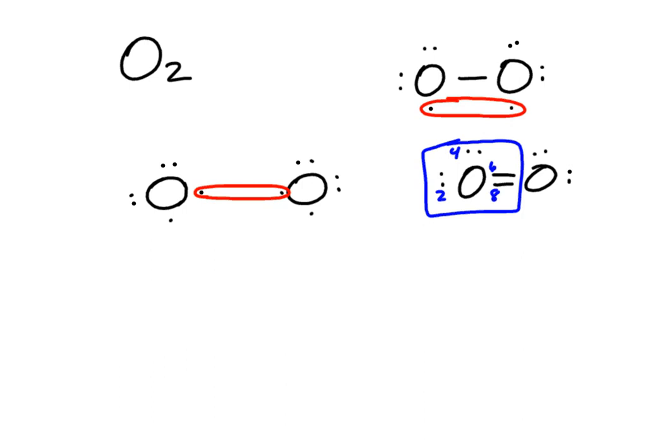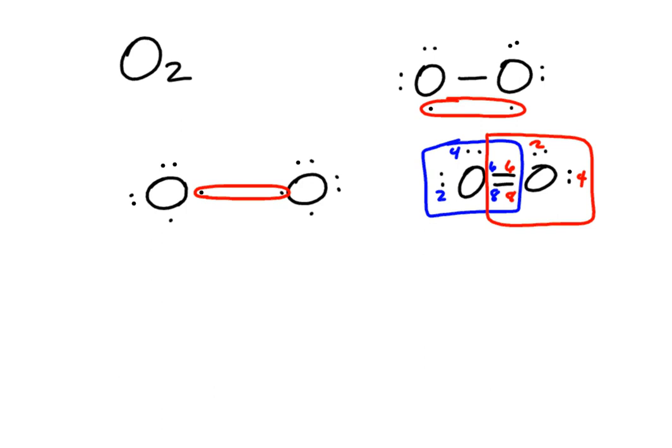And this oxygen right here has 2, 4, 6, 8. So this is how a double bond is going to form. Oxygen is quite notorious for forming double bonds, so you're going to definitely want to keep track of that. Doesn't mean it's always going to form double bonds like we saw in water, but oxygen does tend to form double bonds a lot. All right?